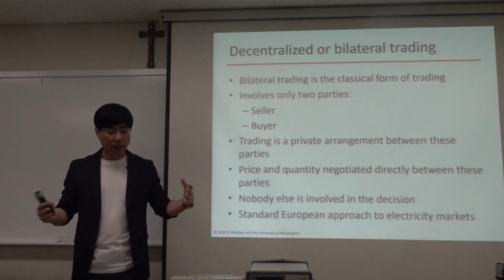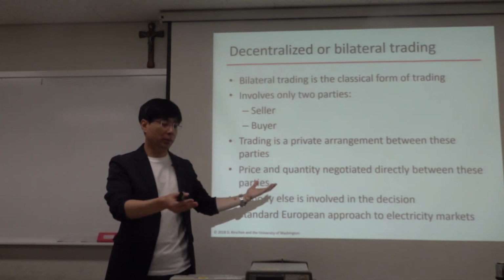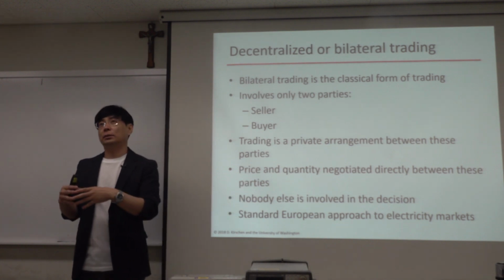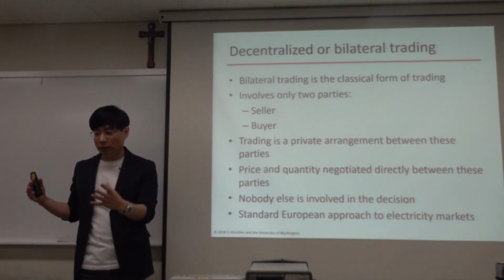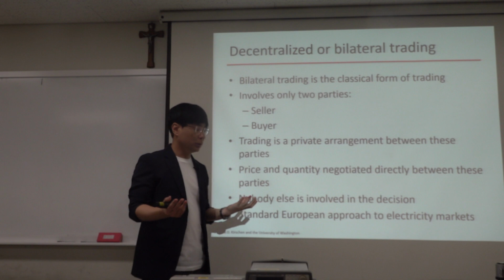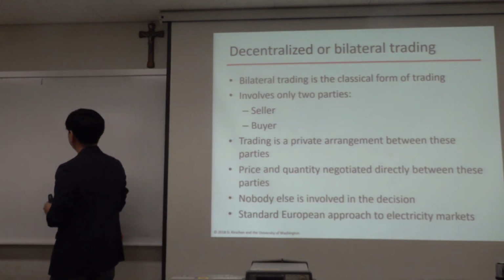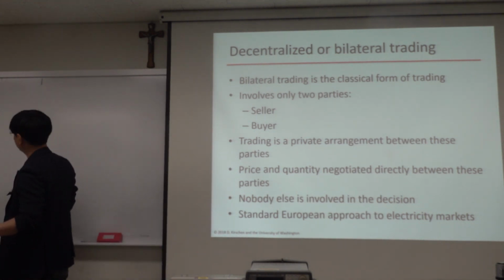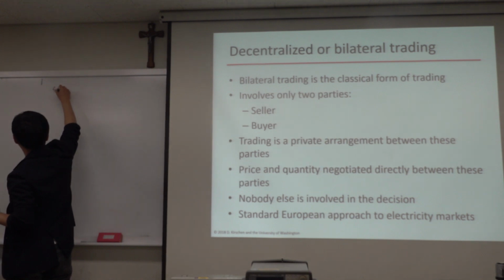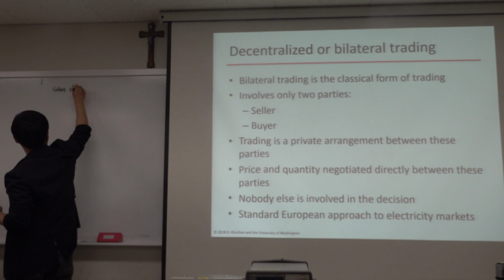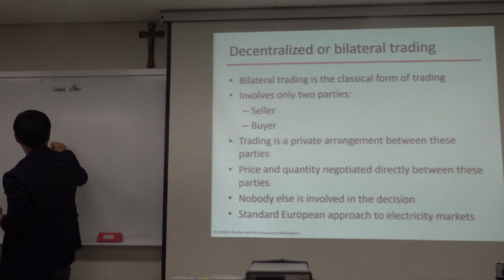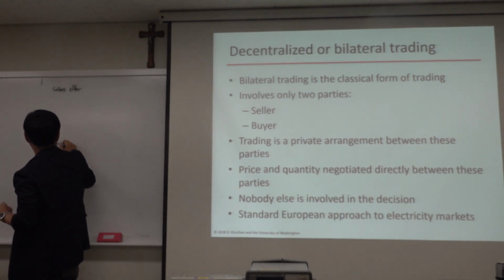The sellers have some quantity and a selling price, and the buyers have some quantity and a buying price. So typically, the order book looks like the seller's offer and the buyer's bid.